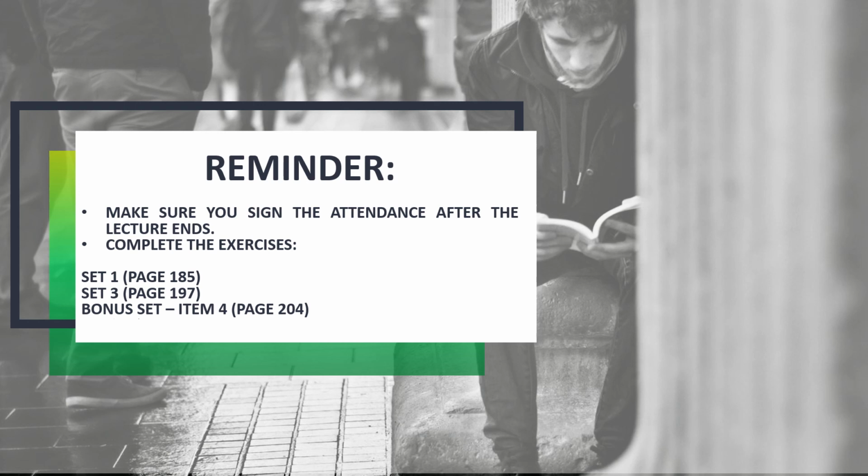You need to look into set 1 on page 185. There are 10 multiple choice questions. Then set 3 on page 197. And then the bonus side, only look into item 4, page 204.